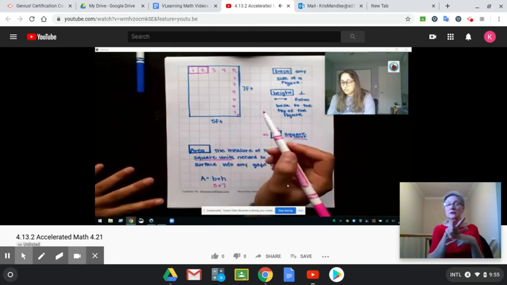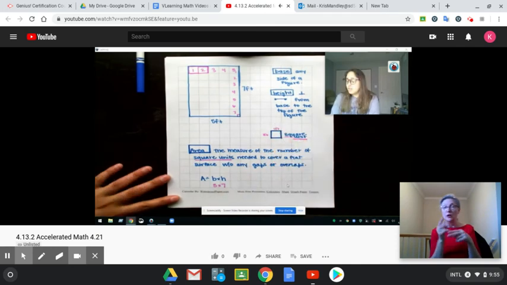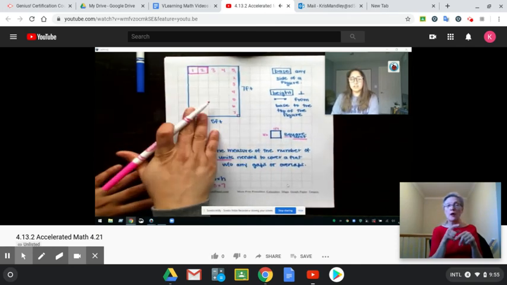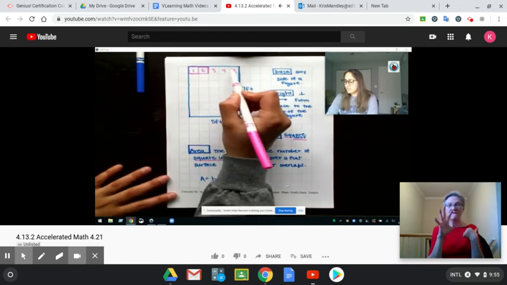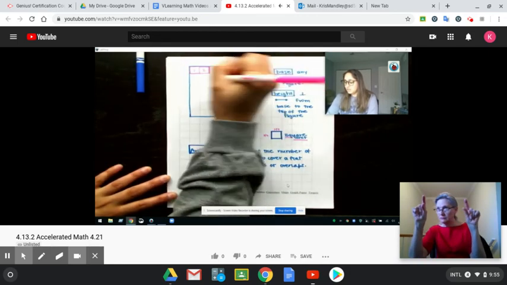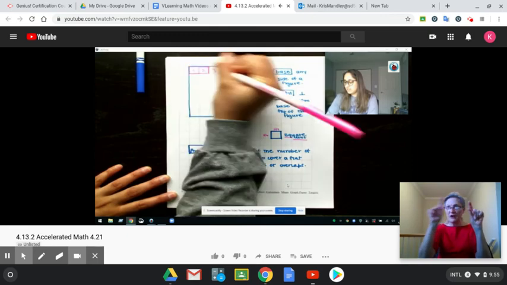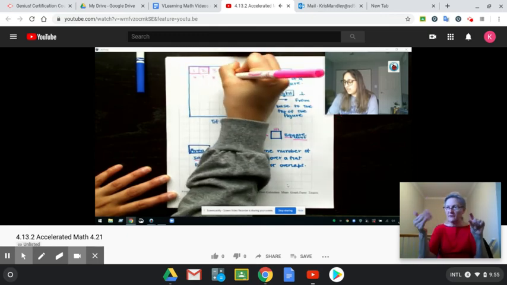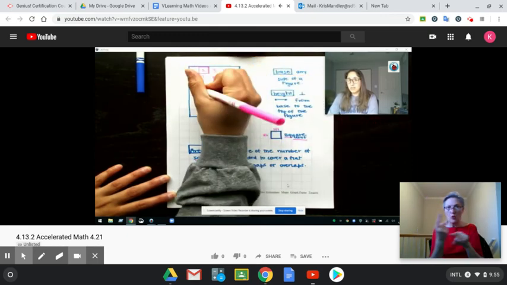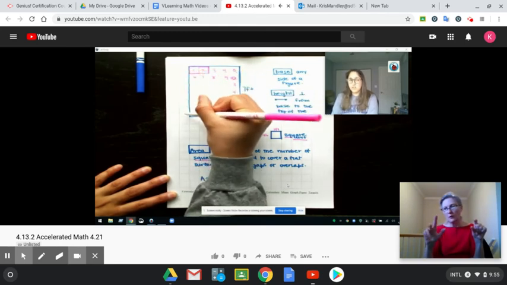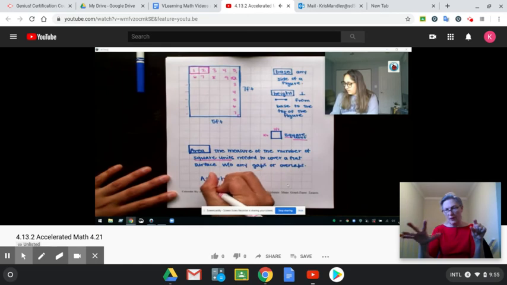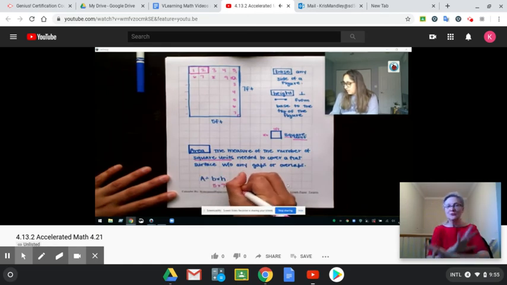If you're not sure, you can use your diagram here to double check. We already have 5 across. That means there's 10 in this row, right? So let's see, 5, 6, 7, 8, 9, 10. Yep. If we keep going and counting by 5s, we get 15, 20, 25, 30, 35. So we know that 5 times 7 is 35.